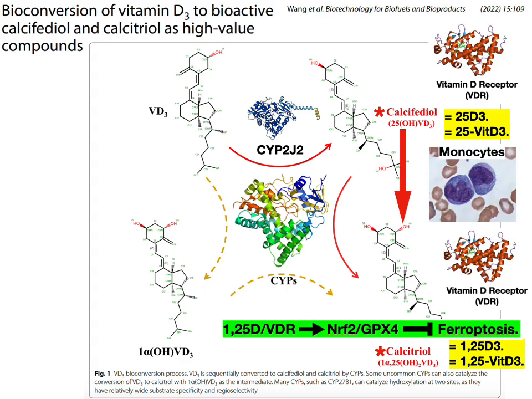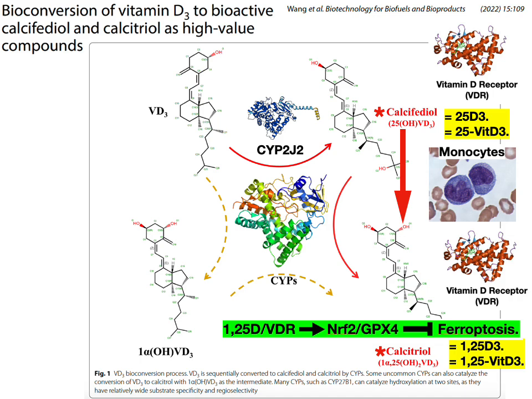Putting that in the context of specific types of immune cells, monocytes. Monocytes have the capacity to convert calcifediol to calcitriol using 1-alpha hydroxylase.